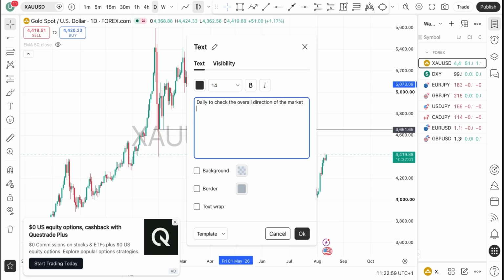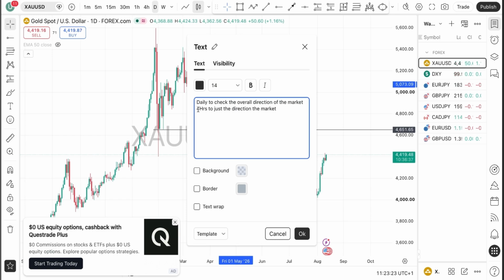Then I go to 4 hours to just check the direction of the market. Now, if you notice, I said daily is the overall direction, just to see where the whole direction is.